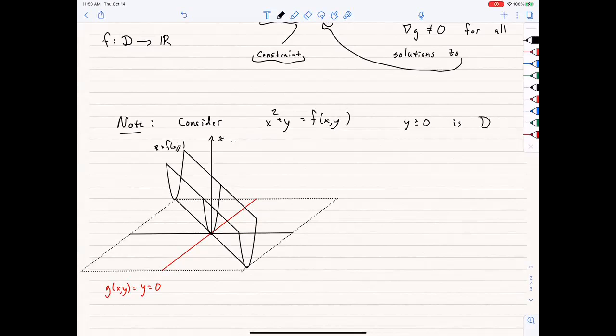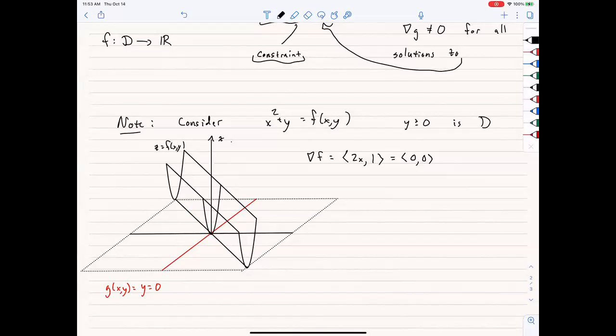Now you can see, just by a basic computation, if I take nabla of f, excuse me, that I will get (2x, 1). This is never 0, because the y component is 1, always. So we're never going to get 0. There are no critical points. And indeed, I don't have any maxima or minima. I'm always kind of able to go up or down. No critical points of this function f on the whole space.